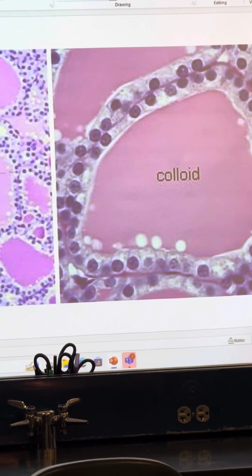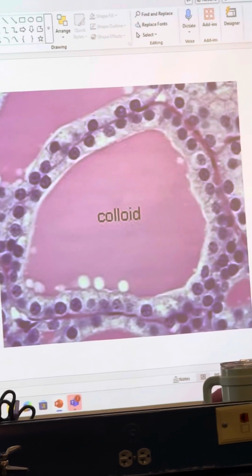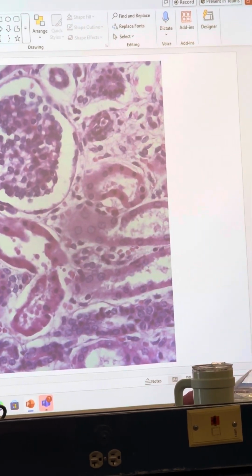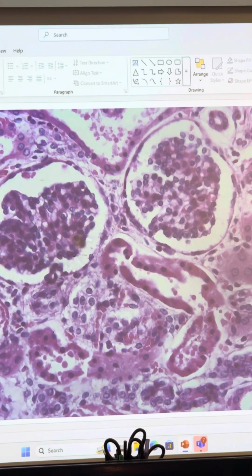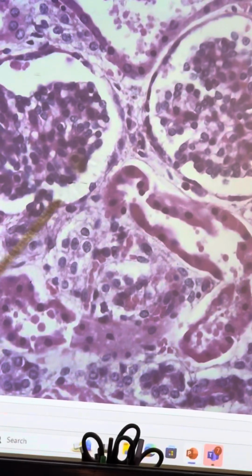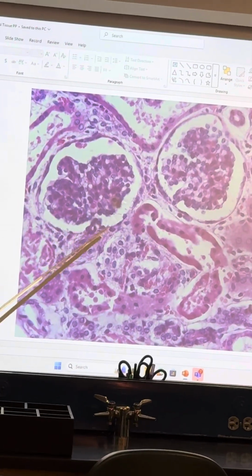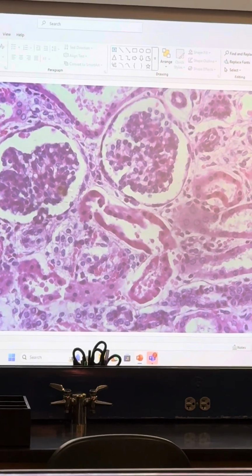Let's see. Did you guys go through this one? Did you look at that one? So where are we at again? We are in the kidney. You can see some of the tubules there with the simple cuboidal. These are the filtration mechanisms, the glomerular, the renal corpuscles.